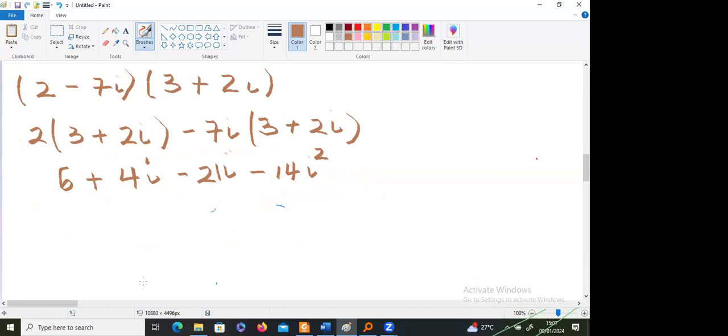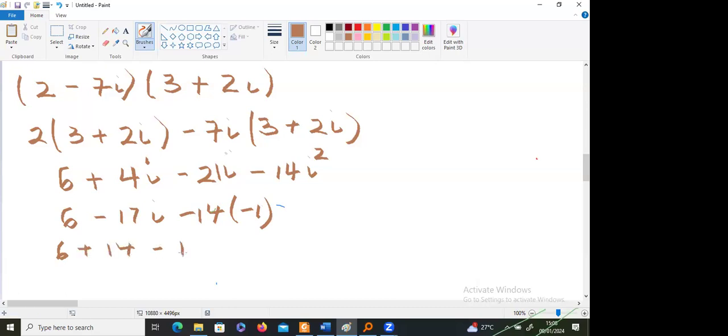Okay, so we are going to have the 6, which is no big deal. Then we can add these two. What is 4i minus 21i? It will be a negative 17i. Then we can have the negative 14 and the i squared. From what we know, i squared is negative 1, meaning negative 14 and negative 1 is going to give us positive 14.